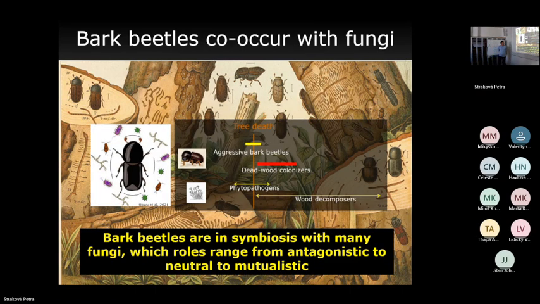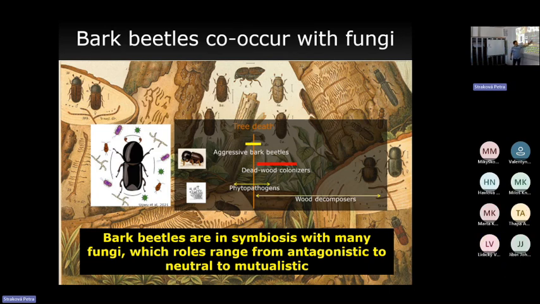So when you look at the death of a tree, so here this is kind of the time axis before a tree dies and after a tree is already dead. You have aggressive bark beetles that are colonizing the tree when it's very weak, and then killing. Maybe some of them are killing the tree, and then you have a large group of bark beetles that are just colonizing the tree after it's dead, and they co-occur with fungi in that phase.